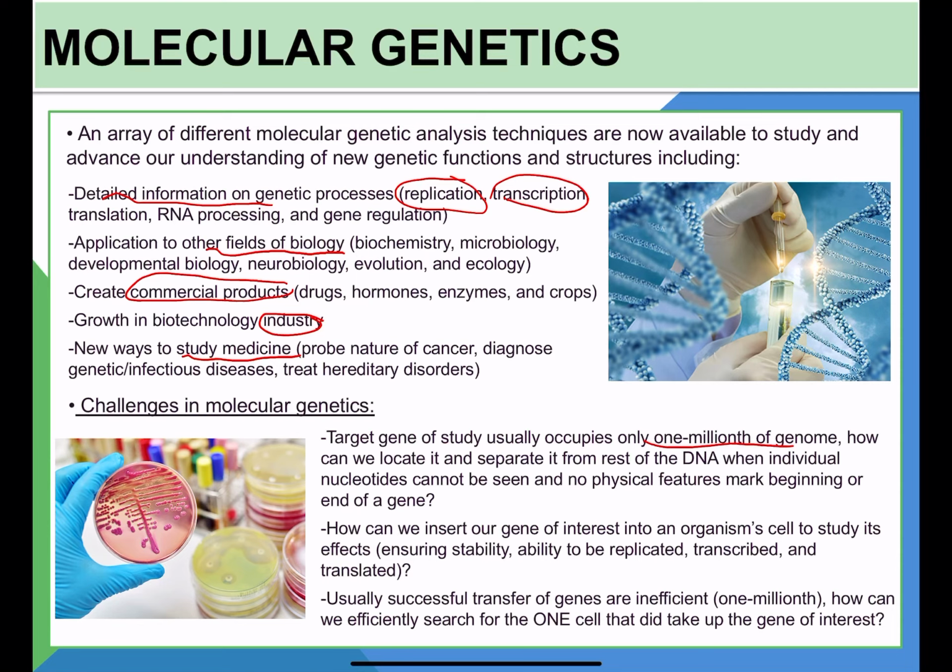Even when we are able to locate a gene in the genome, the next thing to think about is how we can separate it from the rest of the DNA. We can't haul around all 3 billion base pairs from one experiment to the next to look for functions. Plasmids, as we've talked about with transformation, can only hold some tens of kilobases.